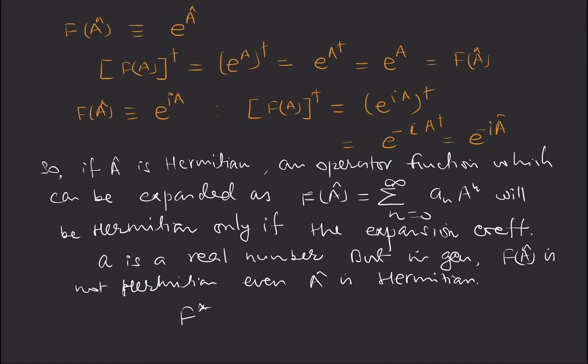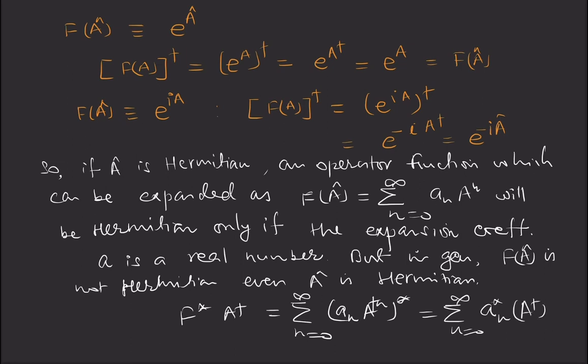Right? F star a dagger is equal to summation n is equal to 0 to infinity a to the power n, which is equal to summation n is equal to 0 to infinity a star n star a dagger to the power n.